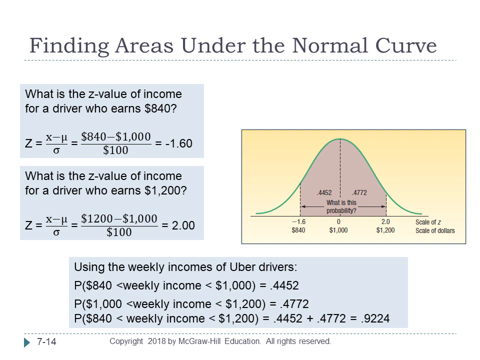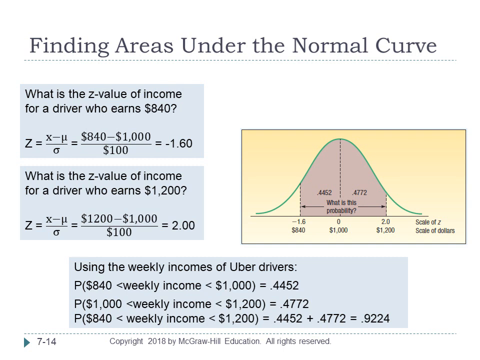Now if we want the probability that the income is between 840 and 1200, we have to break up the problem into two parts, use the table, and add the two probabilities. If you look at the graph, the probability that we want is for income between 840 and 1200.